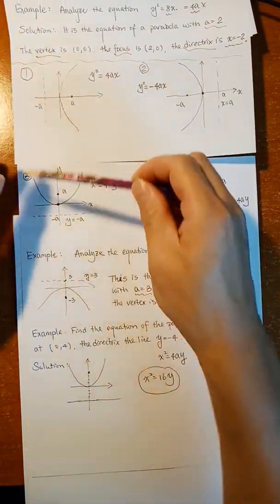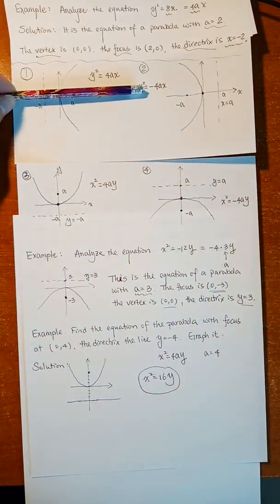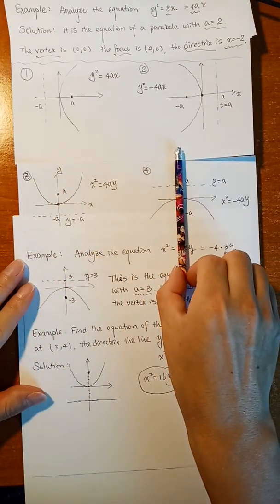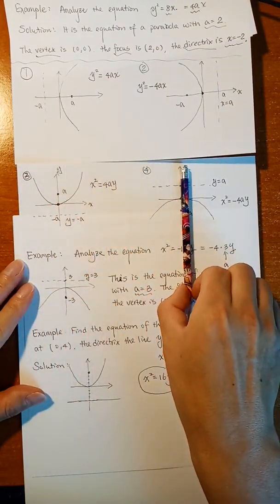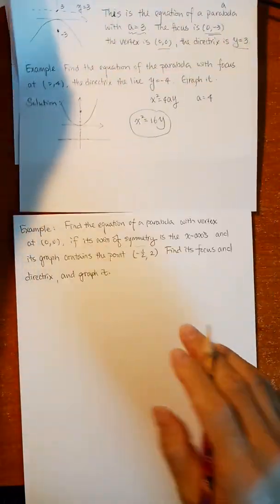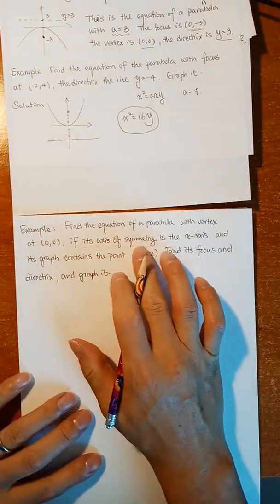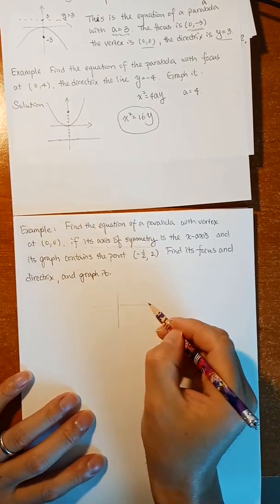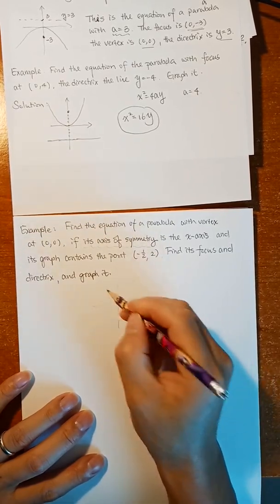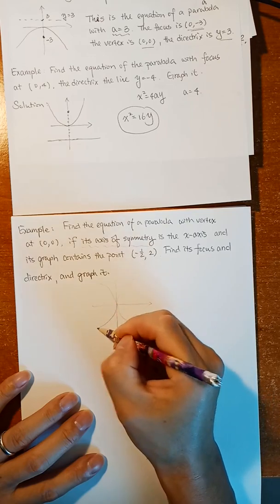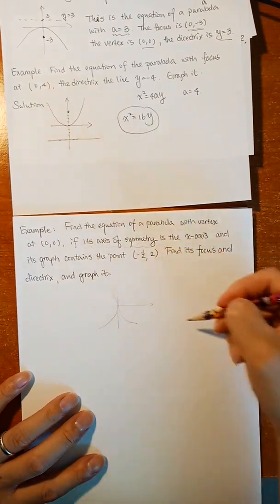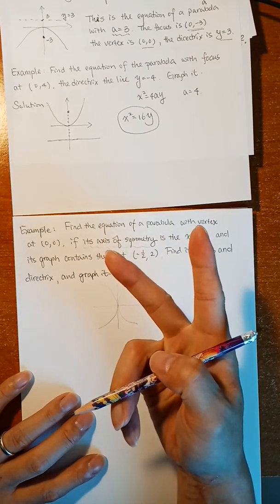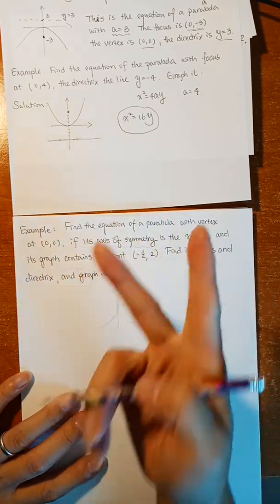In the first 2 cases, the axis of symmetry is the x-axis. In the last 2 cases, the axis of symmetry is the y-axis. So this condition, its axis of symmetry is the x-axis, gives us either this direction or this direction. You either open to the right or to the left. Just 2 choices.